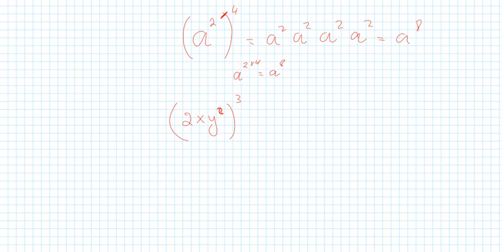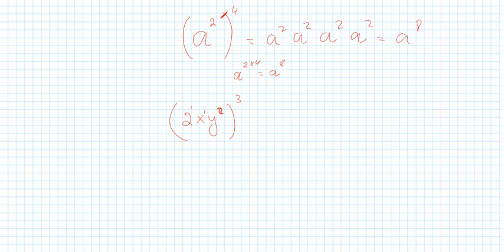Okay? But I have to remember here that all the letters and the numbers are going to be affected. Okay? What would be the exponent on x? 1. What would be the exponent on 2? 1. So if you don't have an exponent, it's an invisible exponent of 1.